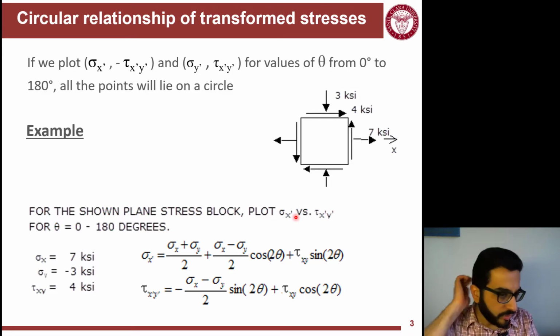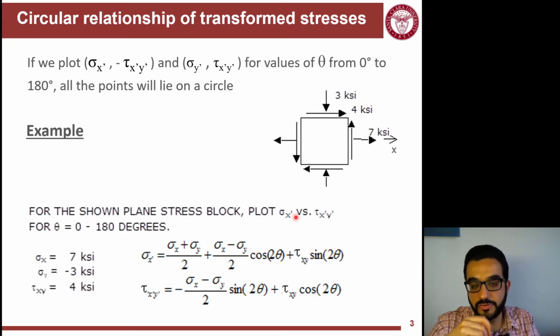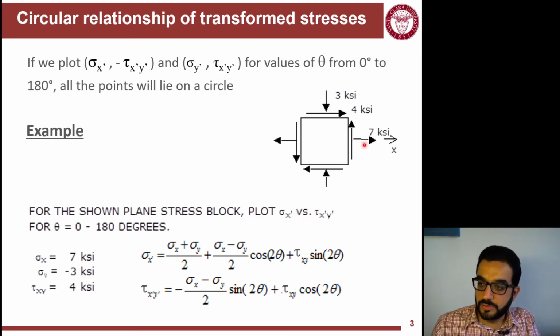So we are figuring out what type of relationship exists between sigma x prime and tau x prime with theta. And you see here, I'm acknowledging that tension is positive stress, compression is negative stress, and the direction of tau here is positive, as we discussed before.